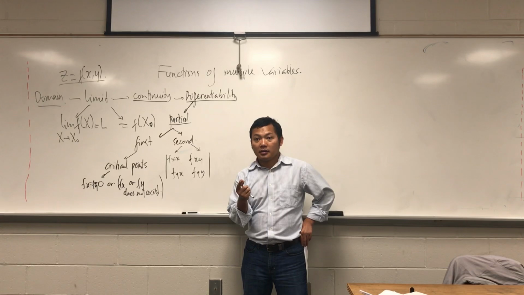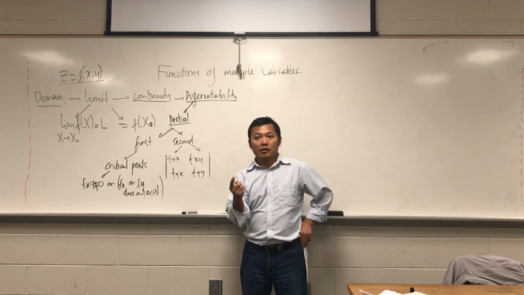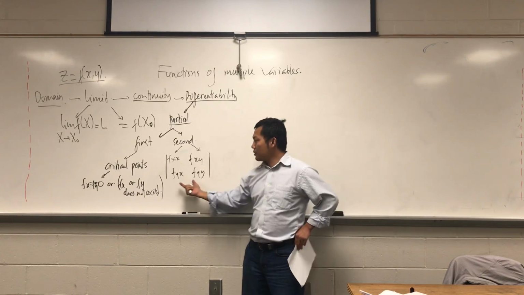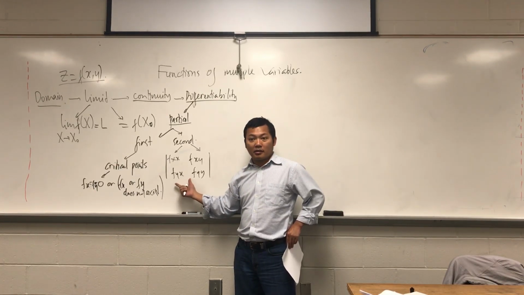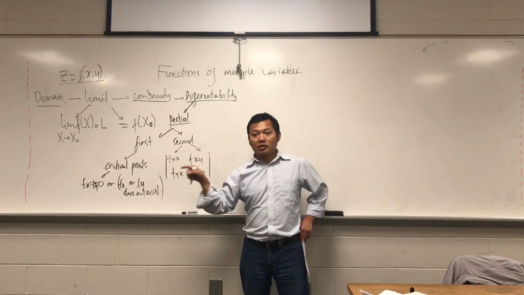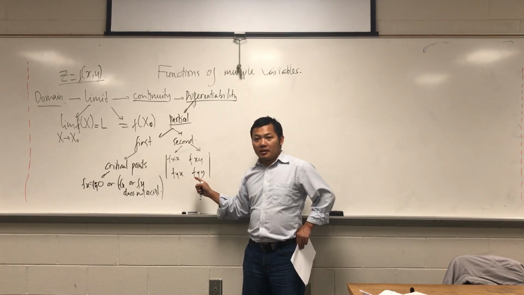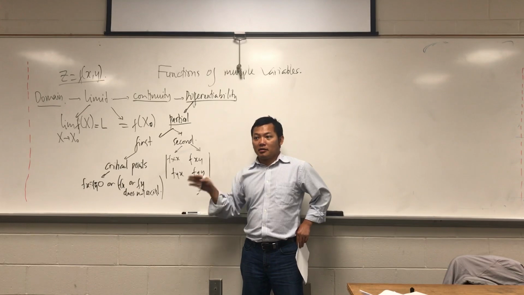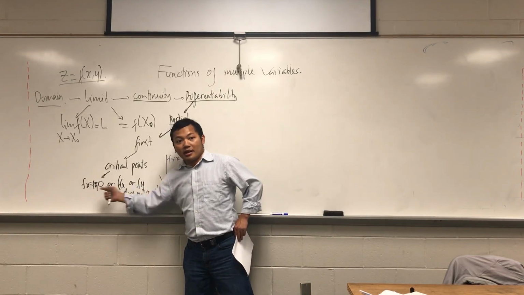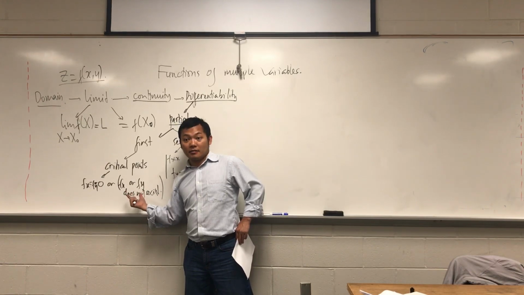Don't forget about it. First, there should be critical points, and then you calculate second partial derivatives and calculate this determinant. You have to plug those critical points into this.